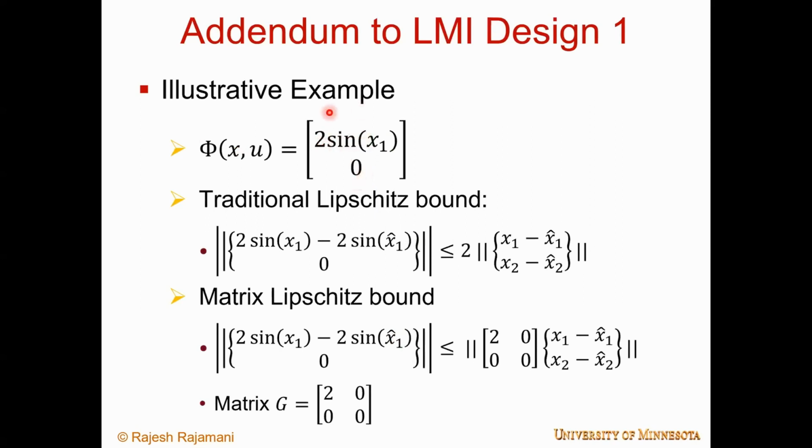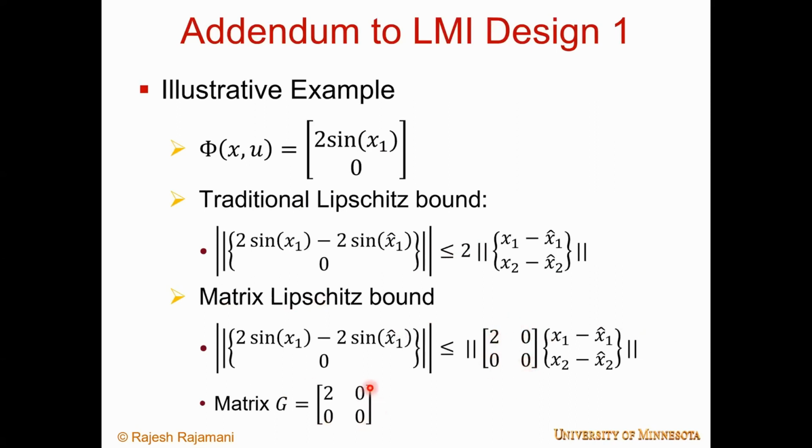If we use the traditional scalar Lipschitz bound, the scalar Lipschitz constant is 2. On the other hand, if you use the matrix Lipschitz bound, the matrix Lipschitz constant is basically [2 0; 0 0].